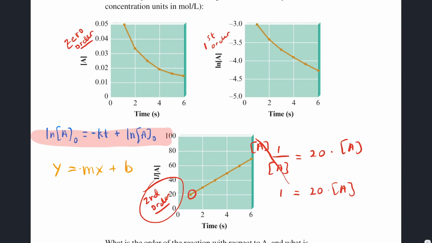I want just to isolate A, so I divide both sides by 20. So 1 over 20 is equal to the concentration of A in the starting point. 1 divided by 20, and that answer is going to be 0.05 molar.